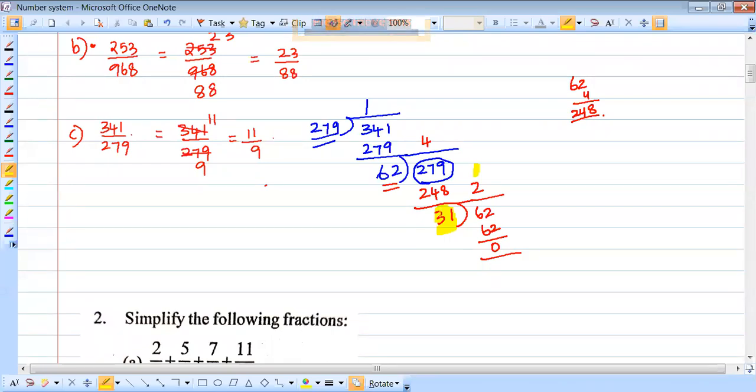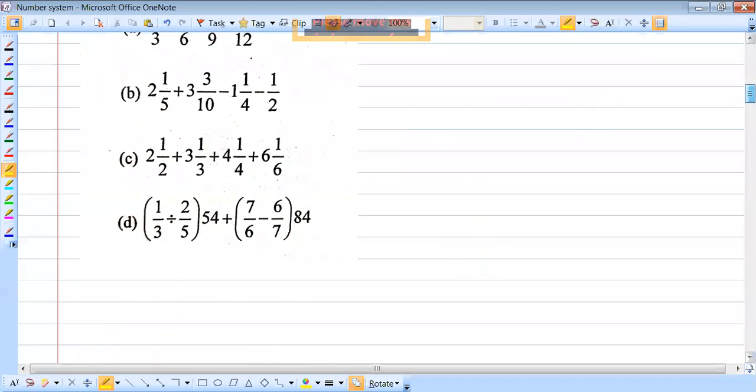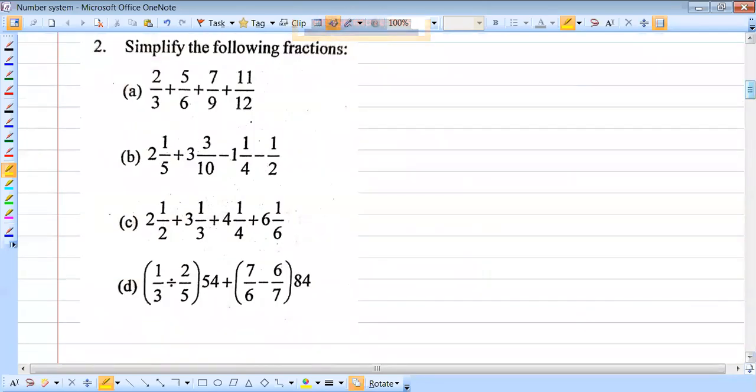Okay, so let's move to the next question. Question number 2. Simplify the following fractions.